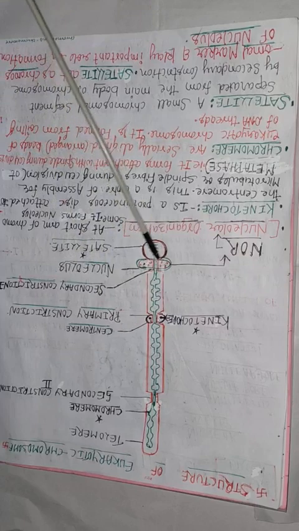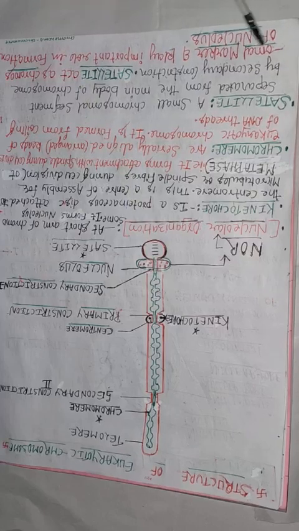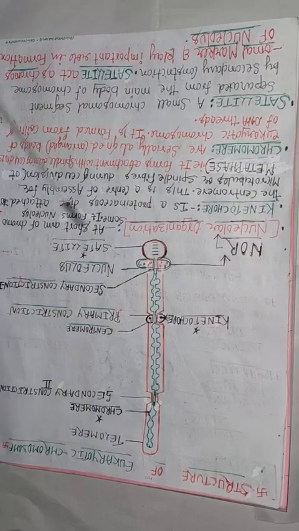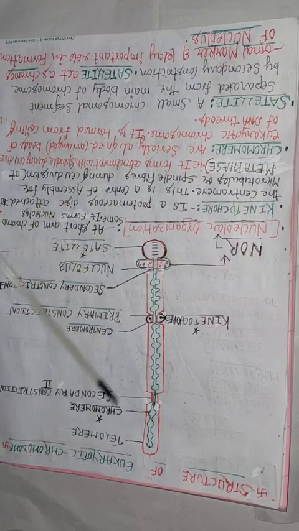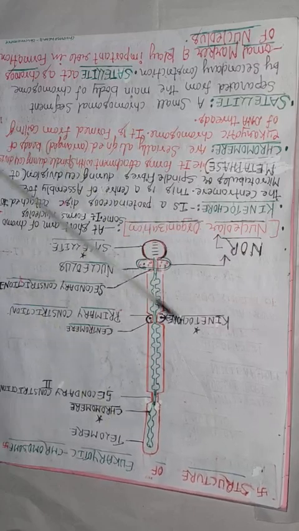Now what is the role of this? Student, this satellite acts as a chromosomal marker. Means when we observe in the nucleus, how do you recognize that this structure is a chromosome?